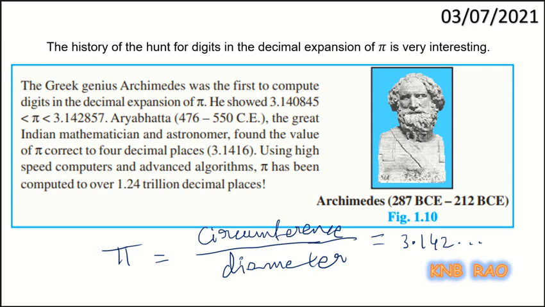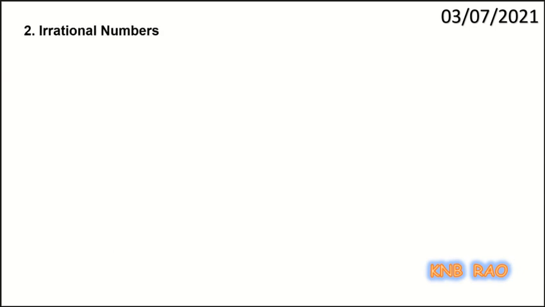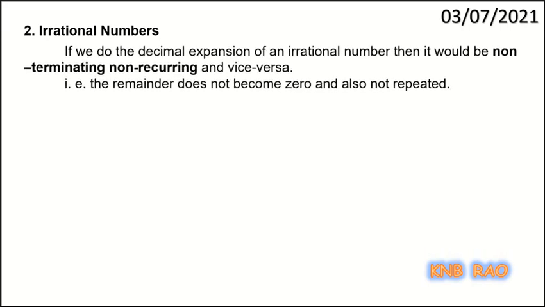Now, coming to another topic called irrational numbers. How do you define irrational numbers now? If we do the decimal expansion of an irrational number, then it would be non-terminating and non-recurring. So, this is what we use to define an irrational number.